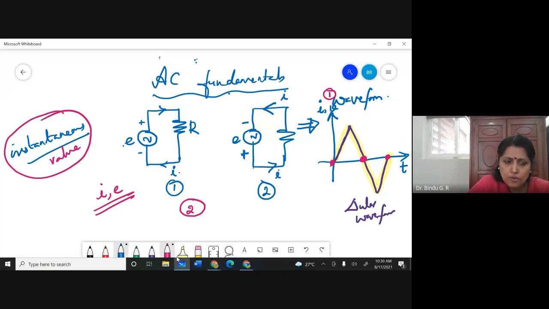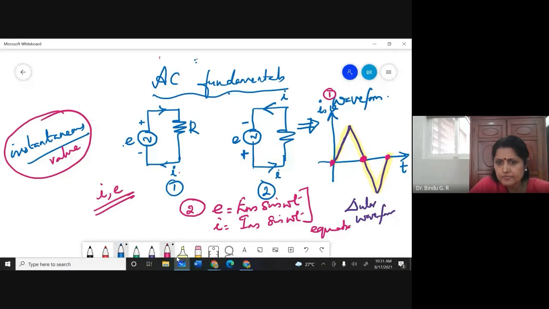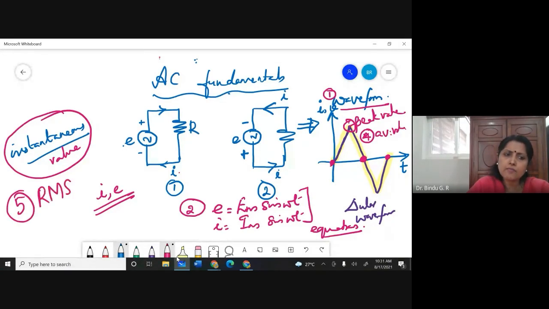So you use an equation, for example e equals Em sine omega t, i equals Im sine omega t, etc. So you can represent AC quantities by waveform, by equations, and many more things, or by its peak value, which we'll discuss later, or by its average value, or very importantly, by its RMS value.